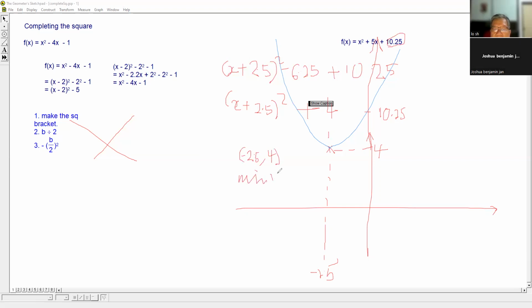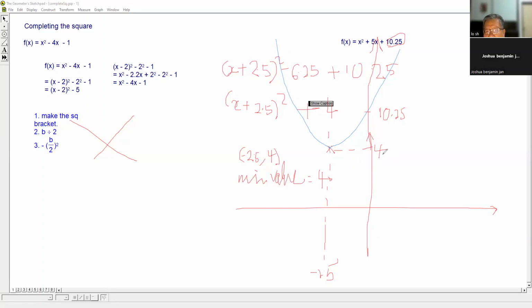No, this one, you see here, it goes down until the lowest point, which is 4. Then it goes up again. This one is actually the horizontal position, not the up and down one. This is the up and down. So this is the lowest point, 4. So the minimum value is 4.